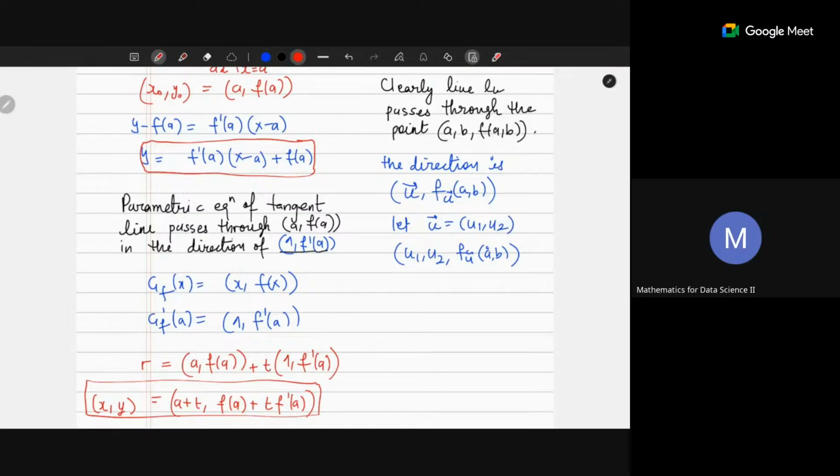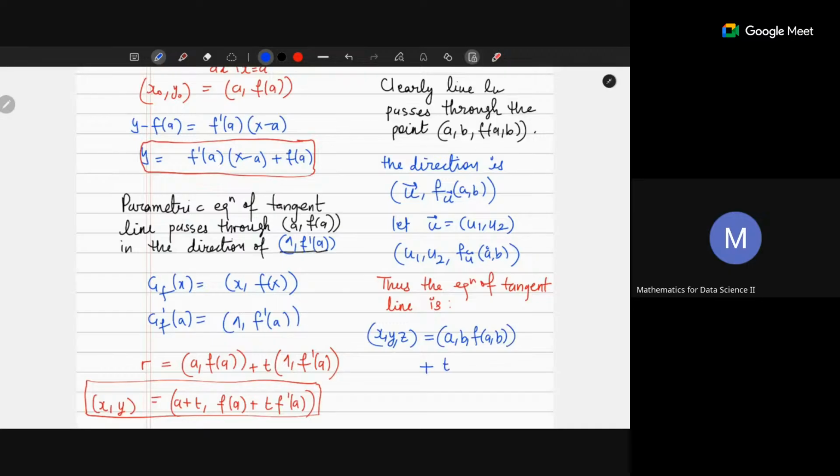So the equation of the tangent line is (x, y, z) equal to (a, b, f(a, b)) plus t times (u1, u2, f_u at (a, b)).